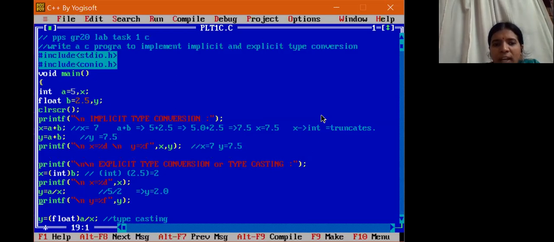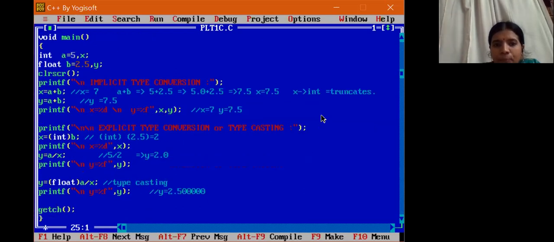So now we'll move ahead and study typecasting or explicit type conversion. Typecasting is done using an operator called the typecast operator. The job of the typecast operator is to temporarily convert a particular constant or a variable or an expression into a required type.